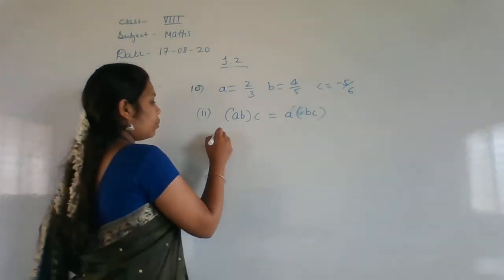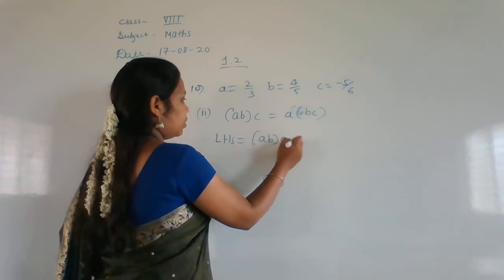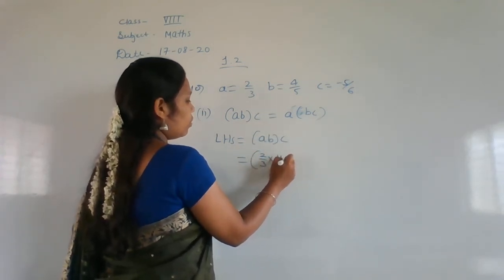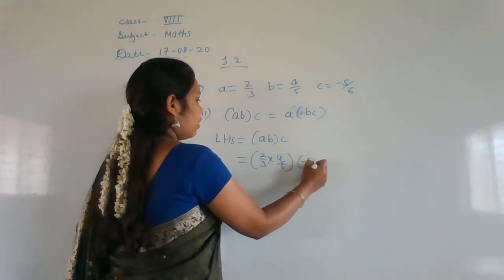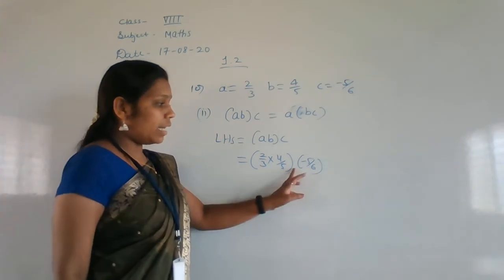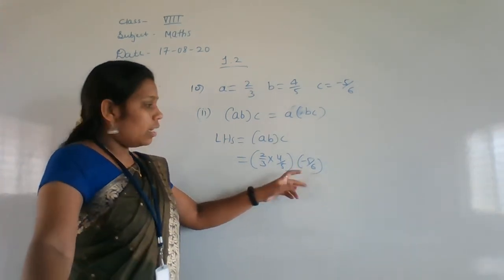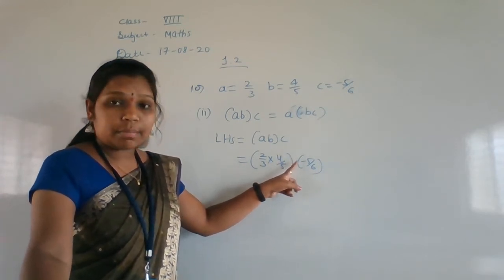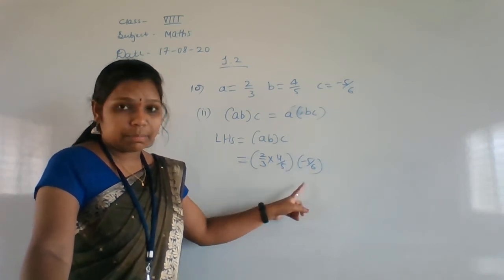So what we have to do first: take the LHS value, that is A into B into C. A is what here? 2 by 3, and B is 4 by 5, and C is minus 5 by 6. If I write nothing here, it means it is nothing but multiplication only. See, I am putting only brackets but not writing any multiplication or addition symbol, so it must be a multiplication.